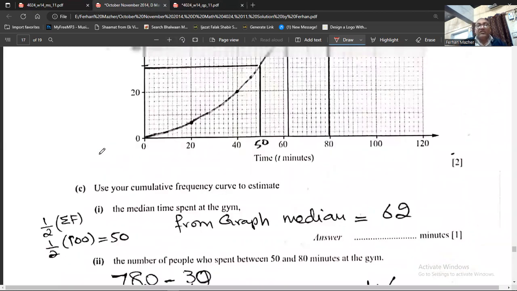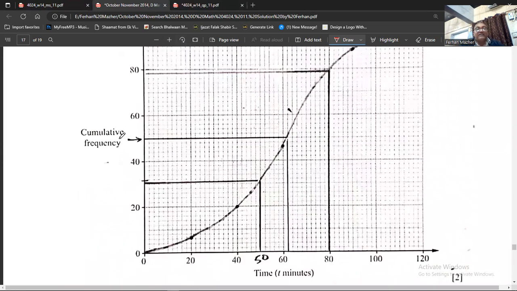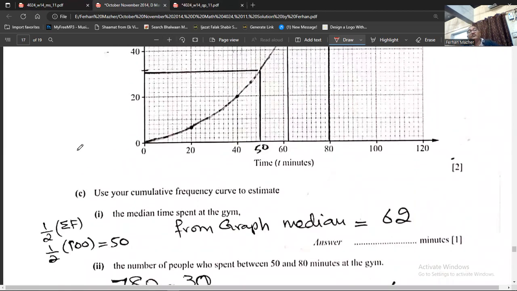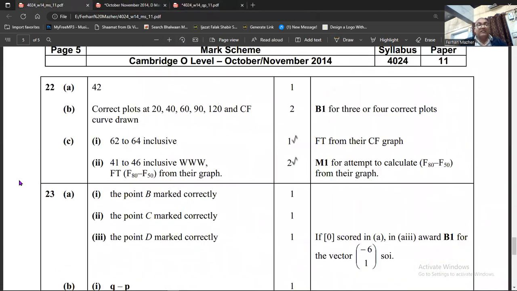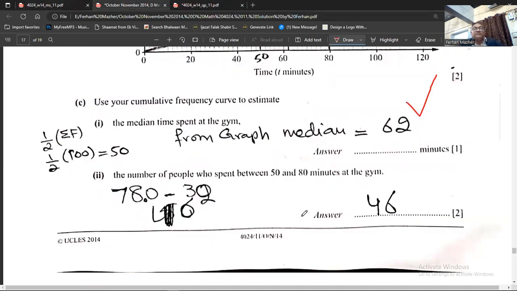I will check the 50 on the y-axis. From here, I will go to the graph, and when I cut it, I check what the value is here. That will be, I think, 62. They say from 62 to 64, so our answer is right, 62.